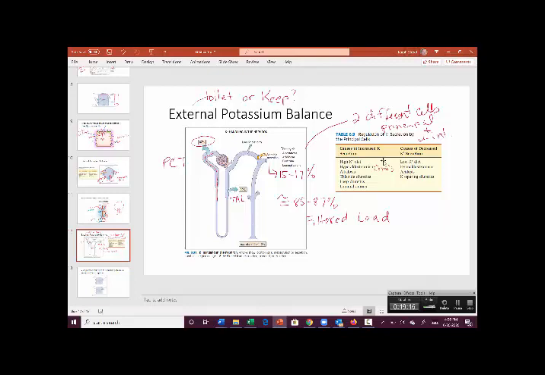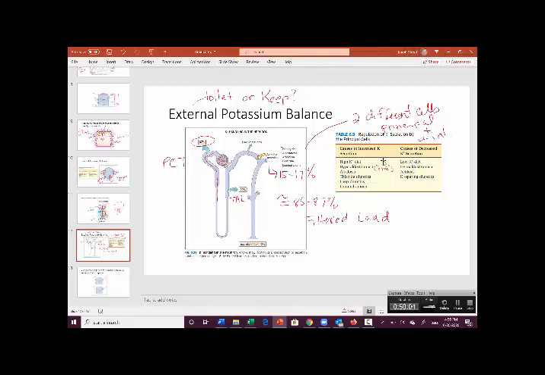Thiazide diuretics. Basically, if we have more thiazide diuretics, there will be more sodium and water arriving near the principal cells and alpha intercalated cells.